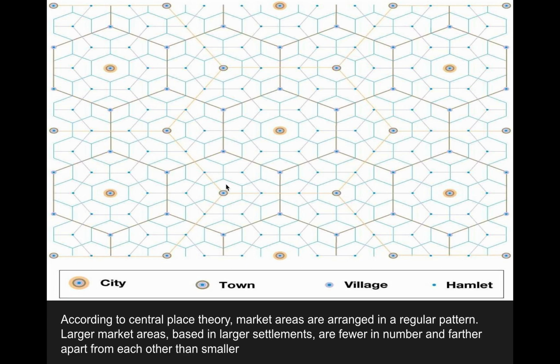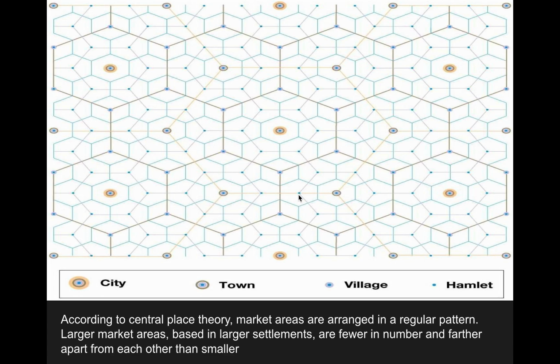And then you can go even smaller to villages, and the villages are going to be these little blue, and so this would be a village. And we can see the settlement size decreases. It's more rural, and villages are often between 100 and 999 inhabitants, and they have very basic low order consumer services.